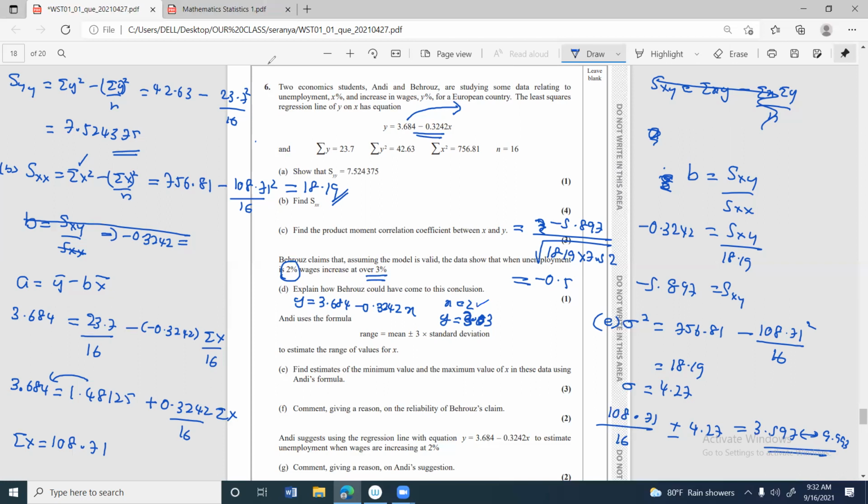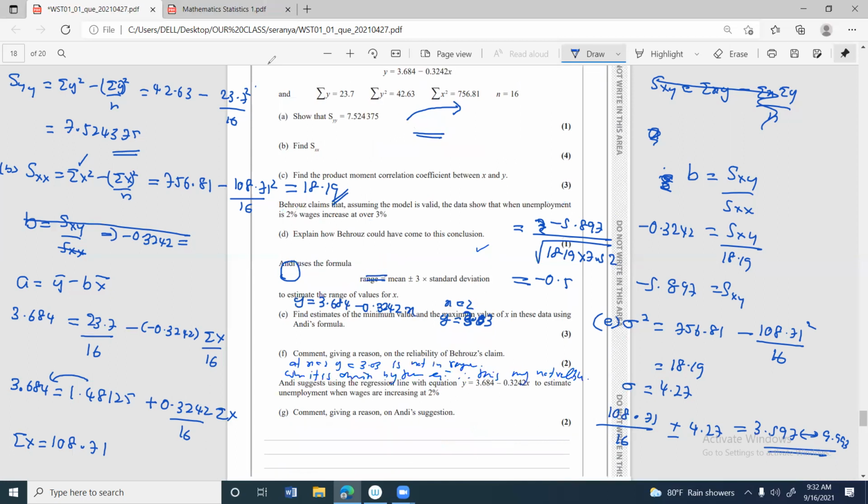So you can say at x equals 2, y equals 3.03, it's not in the range obtained by the equation. Therefore, this may not be reliable. That's the answer you need to write for this question.